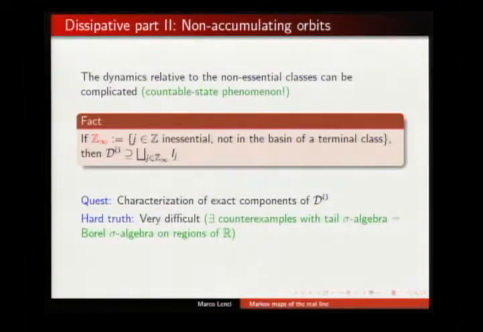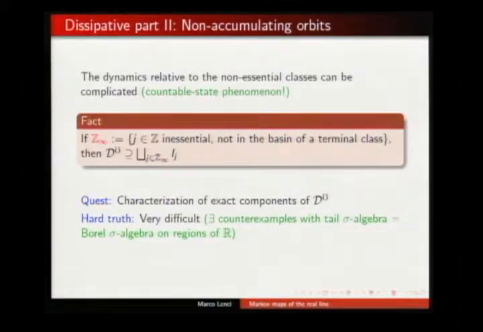There are lots of counterexamples that you can think of in which you have a number of good hypotheses, and still the exact components are very hard to characterize. There are counterexamples in which, in certain parts, the tail sigma algebra, by the way, I didn't mention this, assuming that everybody knew, but exactness means that the tail sigma algebra of your system is trivial.